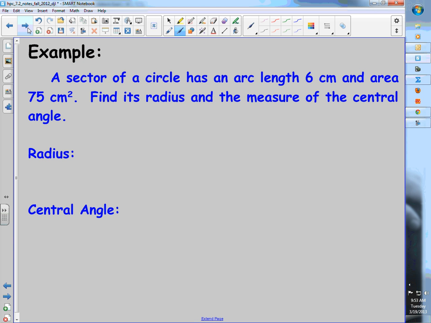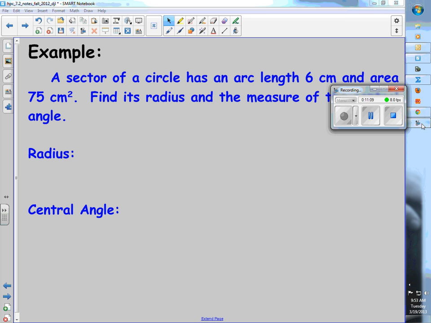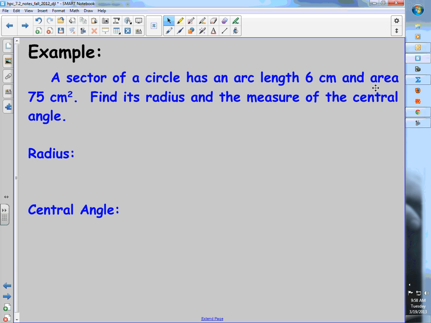So now we're going the other way. Now I'm telling you, here's the arc length, here's the sector area. You tell me what the radius is, and you tell me what the central angle is. So see what you can do on finding those. Did anyone do the pain and suffering way?